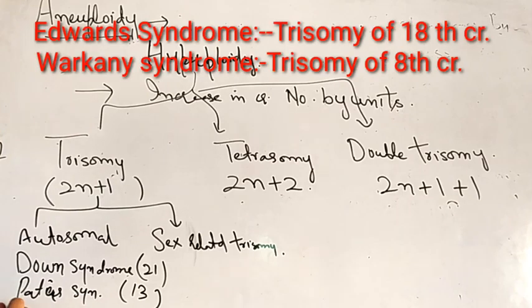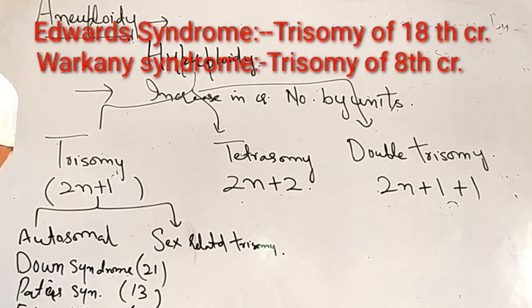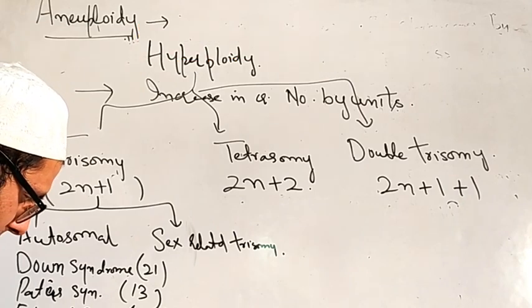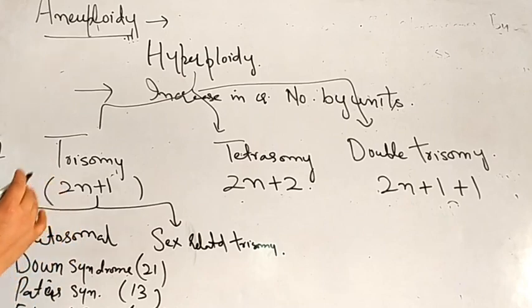We have Edwards syndrome, trisomy of 18th chromosome. We have Warkany syndrome, where there is a trisomy of chromosome number 8. Okay, so these are the different examples of the autosomal trisomy.